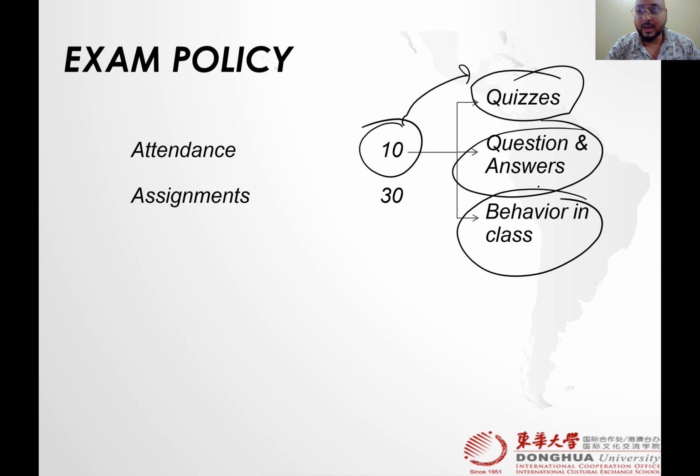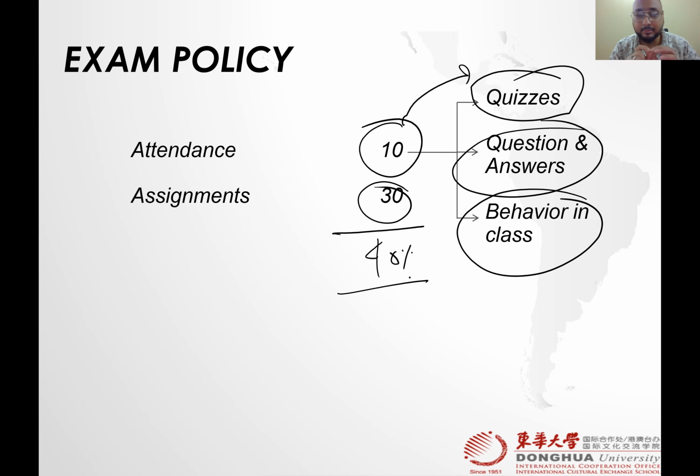Number 2 is your assignment. Assignments are 30% of your evaluation. It's a big chunk. You see here, a total of 40% is in your hand, not in mine. You attend the classes, you are engaged in the lecture, you are attentive, and you submit your assignment on time. Remember, on time, so you don't miss the deadline.